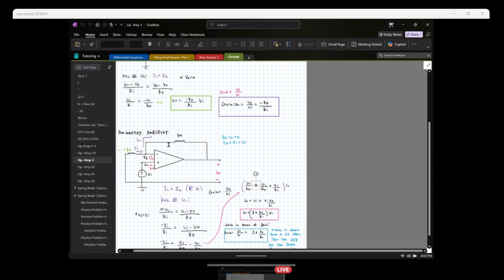The thing is, the voltage 8 minus whatever the voltage at VA is equals 0.